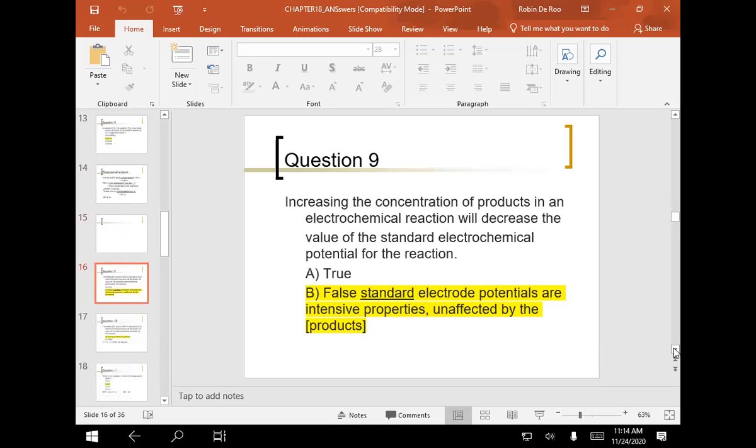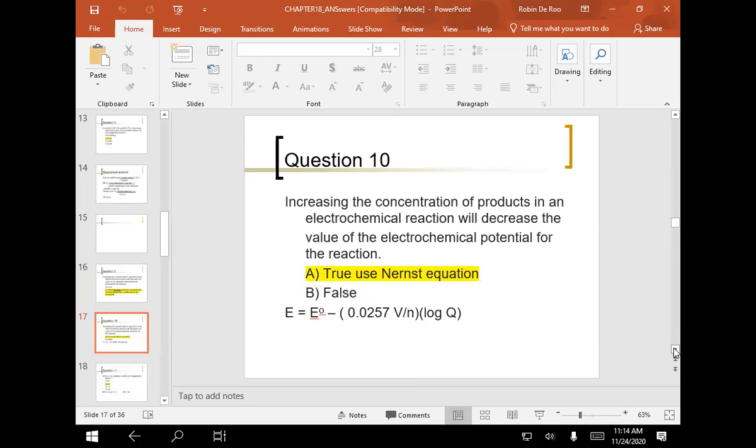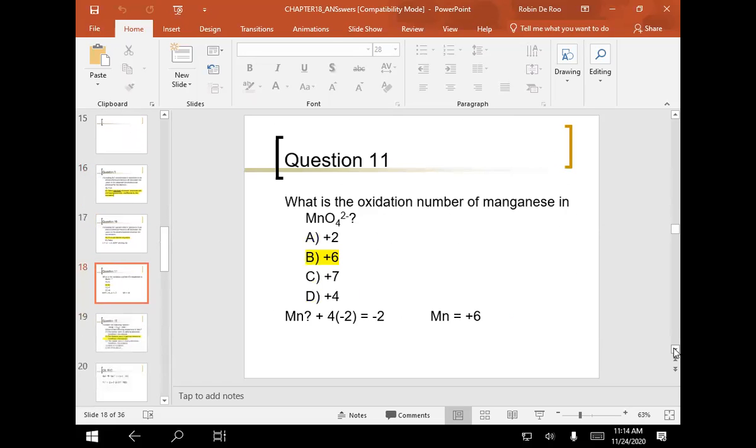Oh, I guess I didn't put a slide in there. You're going to have to review your oxidation numbers for sure because you need to know them for this chapter.